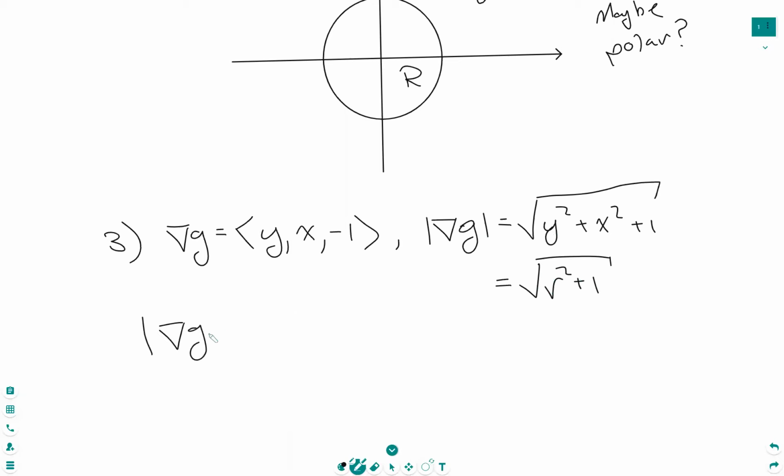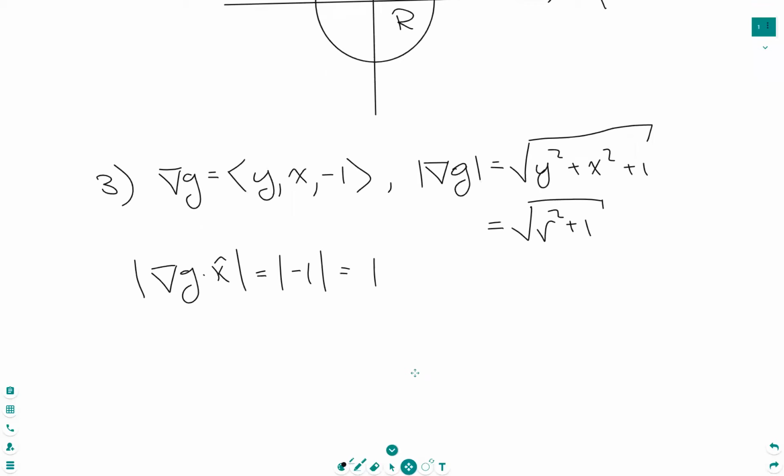Then for the denominator, we're going in the k hat direction again. So this gives us the absolute value of the z component, which is -1, or just 1. Okay, so now for step 4, I look at my integrand. Now we're doing the surface area again.